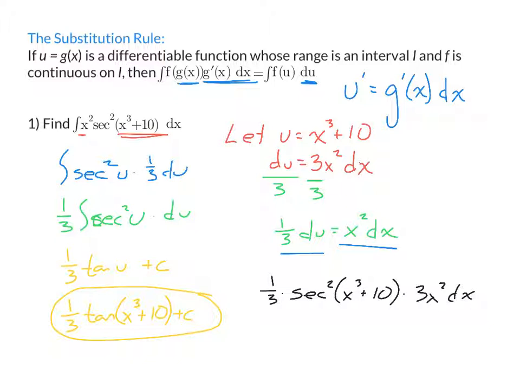When we take 1/3 times 3, they cancel, and so we would get x squared times secant squared of x cubed plus 10 dx, and that is indeed my original function. So that's it for the substitution rule. We are done.